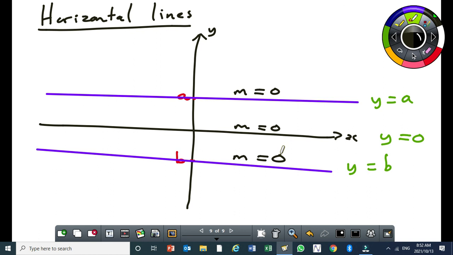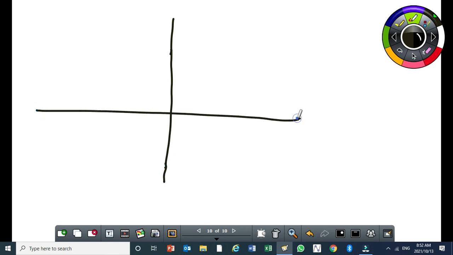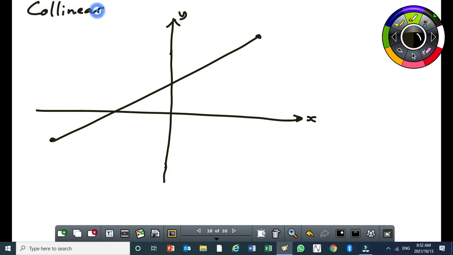Okay, quickly call in your points. What I'm going to do here is draw a straight line, say that line there, and then put maybe 3 or 4 collinear points.